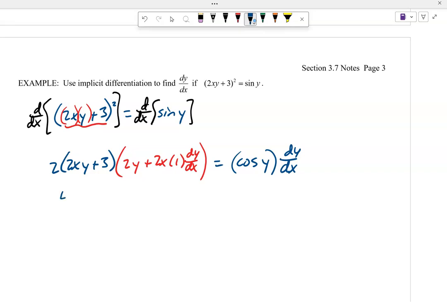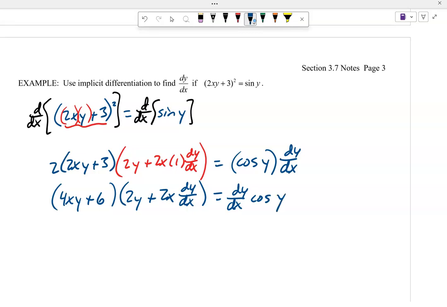And so it looks like we've got 4xy plus 6 times 2y plus 2x dy/dx equals, I'm going to throw that dy/dx out front here, cosine y. Okay. So I'm going to have to FOIL this, it looks like.